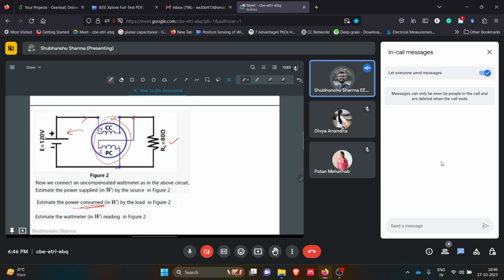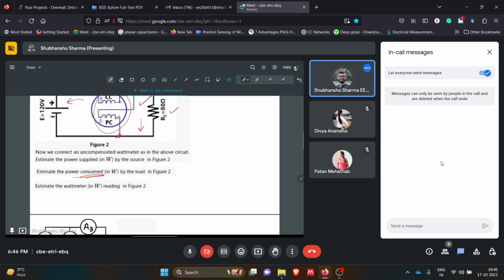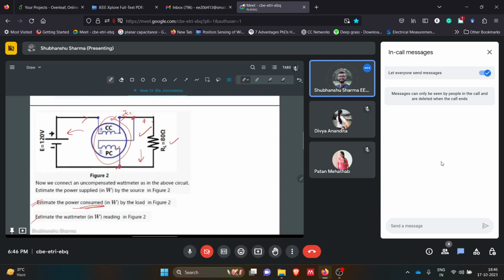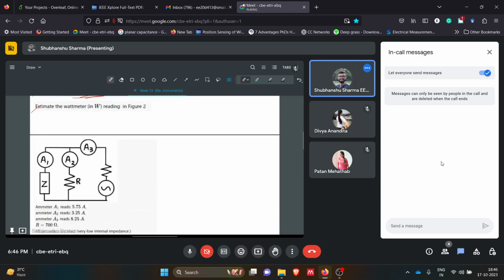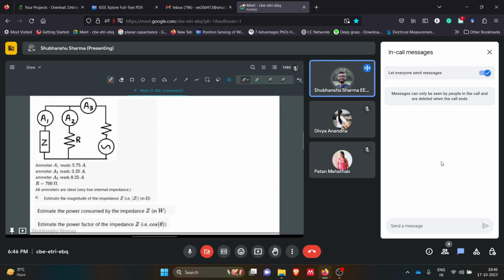Again, the power coil will have this voltage across the load resistance. Get that and get this ICC, and you will get the answer, the power consumed. I think you have the solution sheets for this, so I'm not solving this, only telling you how to approach it.